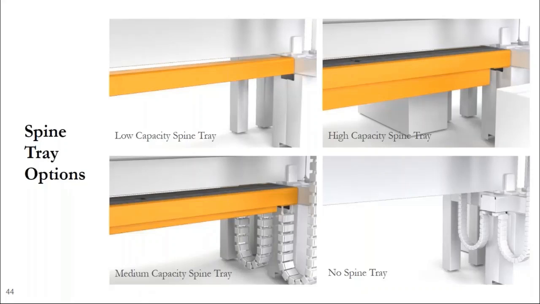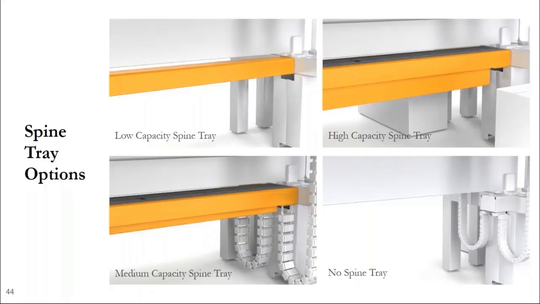The second one is the medium capacity spine tray, which allows wire to pass through, and at the same time has the ability to support a power bar. This medium capacity powered spine tray is meant for sockets which have a horizontal wire outlet, similar to the British plugs.